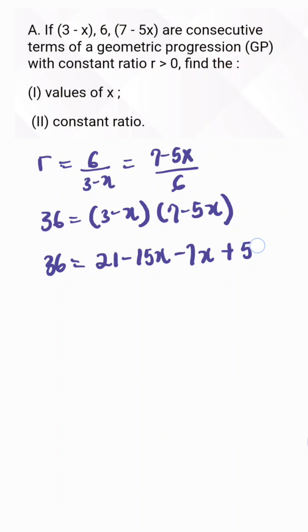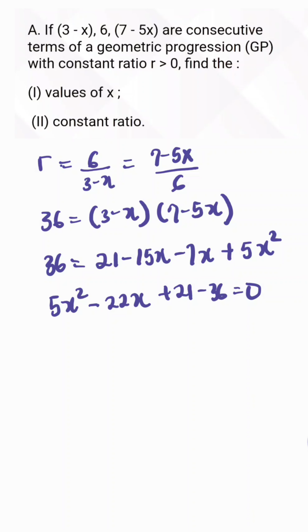Gives 5x squared. Let's collect like terms. Here we have 5x squared minus 22x, plus 21 minus 36 equals 0.